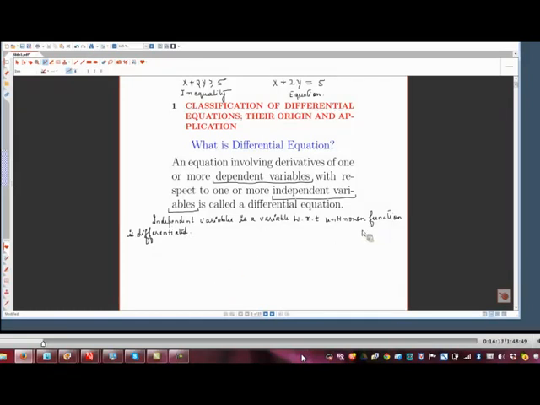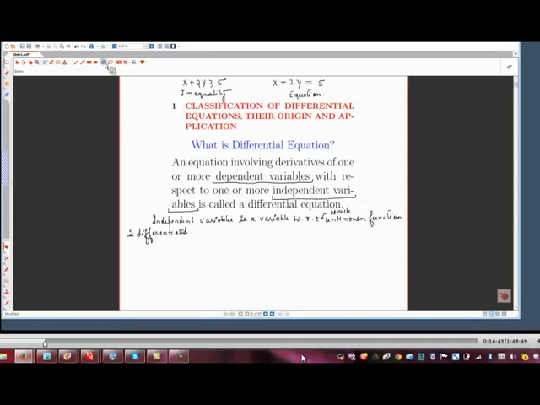Now you would be saying I threw up more terms here, unknown function and independent variable again. So the independent variable is a variable with respect to which the unknown function is differentiated.